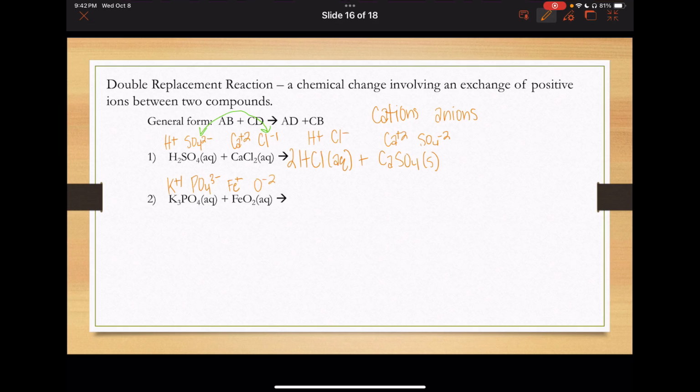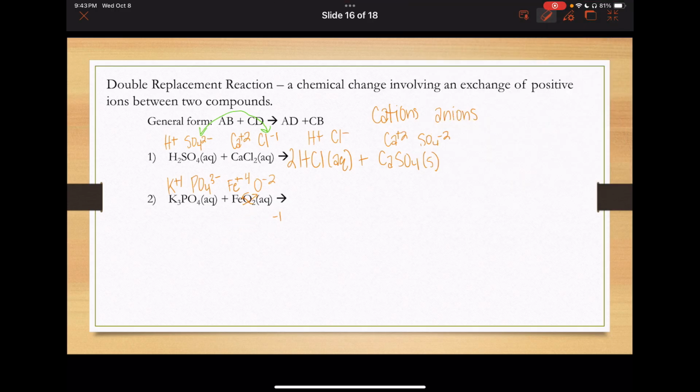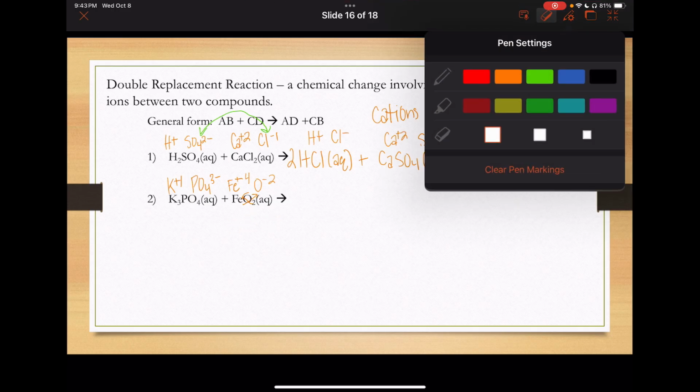So if I have 2 oxygens in this formula, if I were to unswap and drop, this would be Fe plus 2 and O minus 1, which I know is wrong, but if I multiply both of these by 2, I would get O minus 2 and Fe plus 4. So this had to be the charge of iron to get to that correct formula. So that's another thing just to be mindful of. That's a more advanced problem that you would see.